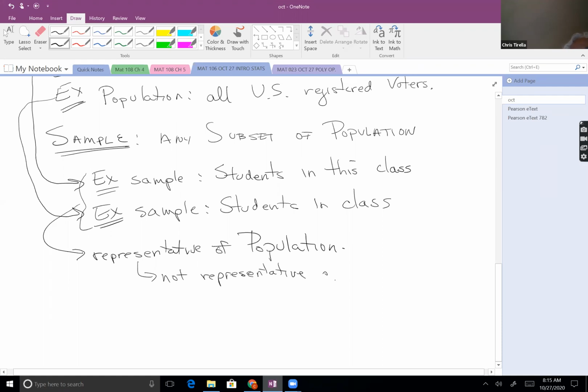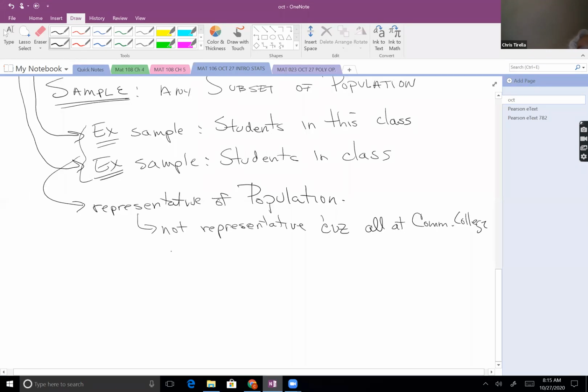Because if you look at it, the students in this class are all at community colleges. We don't have the representation of four-year schools or universities. You probably all have similar majors. Most of you are probably all from a similar region.